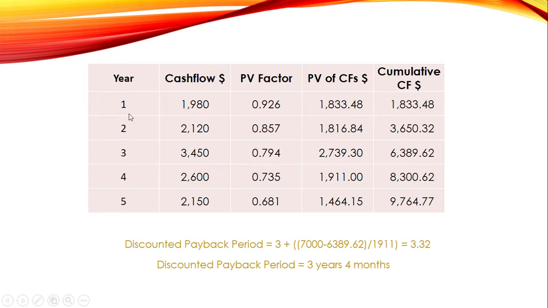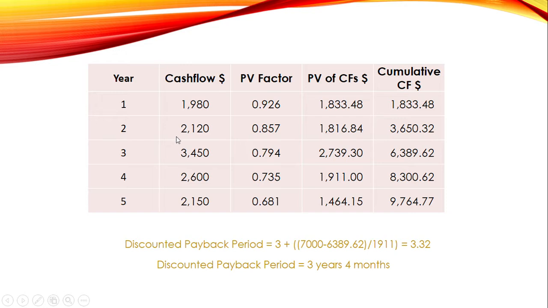The present value of the year 1 cash flow is 1,980 multiplied by the present value factor, 0.926, which is 1,833.48. So the cumulative cash flow in year 1 is the same as the year 1 present value of cash flows, 1,833.48.